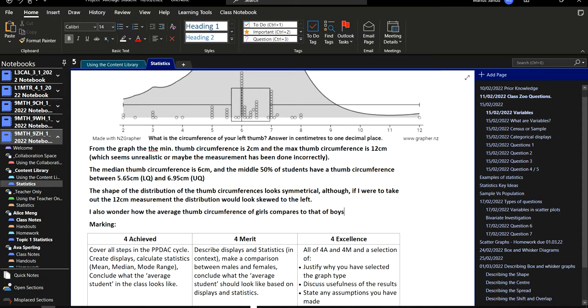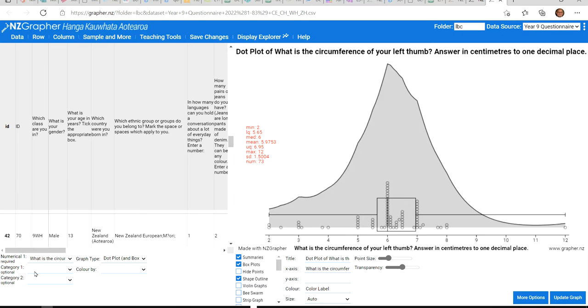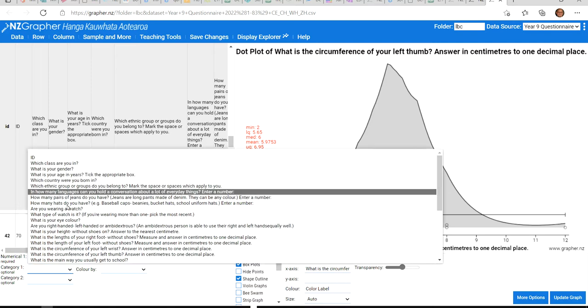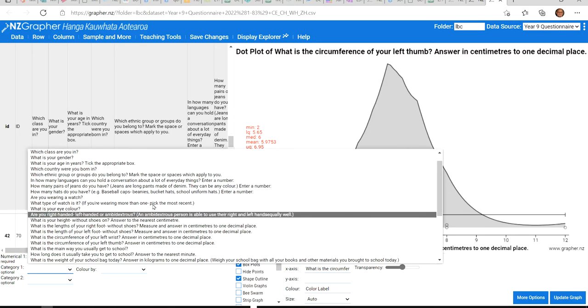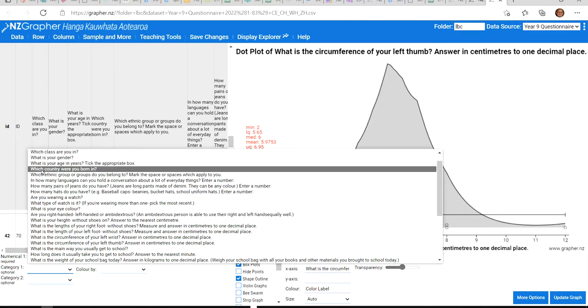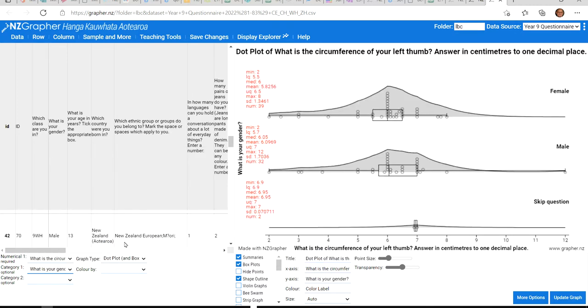Yes? And what do I do now? I go back to NZ Grapher and I add another category by which I want things to be sorted. So I've got what is the circumference of the thumb. I got dot plot, and underneath here in the left hand side I select what? What do I select? Yes, gender. What is your gender? All right.